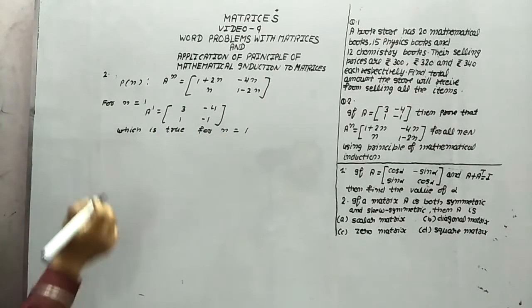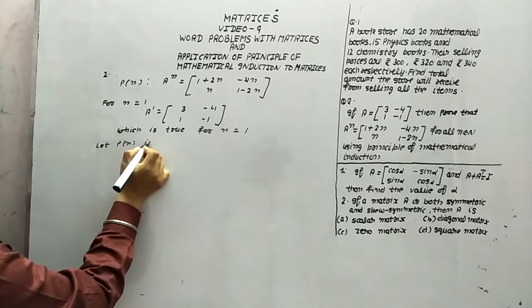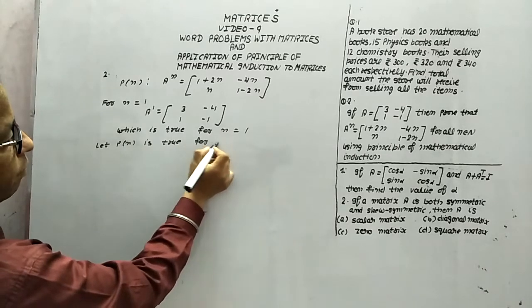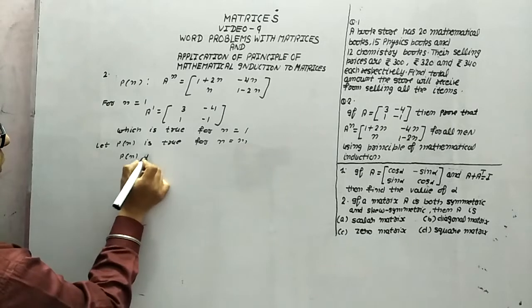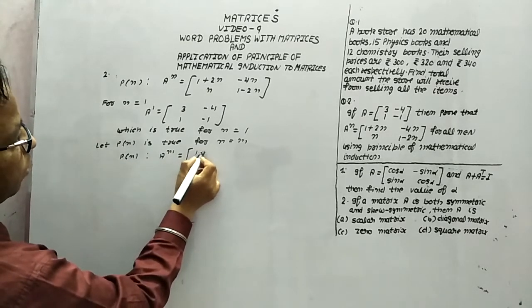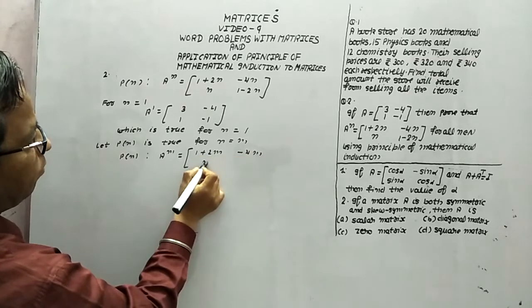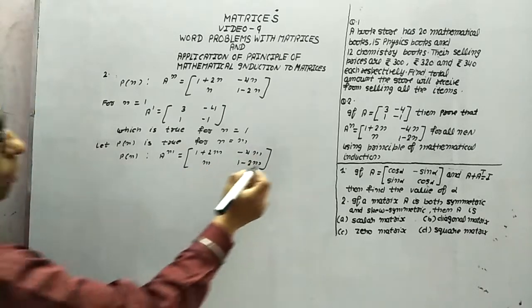Now what is the next step? Let P(n) be true for n equals m. It means P(m) such that A^m is equals to [1+2m, -4m; m, 1-2m].